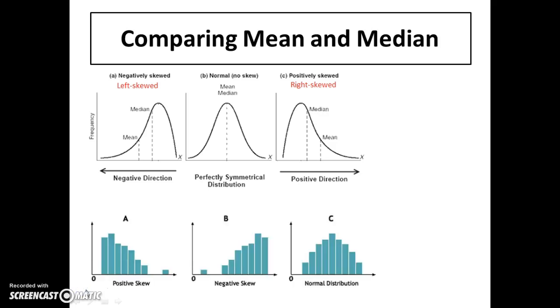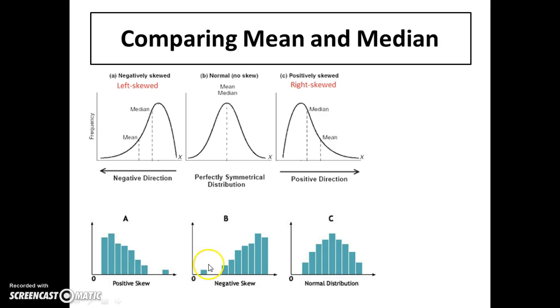Here are some histograms that are also skewed. We sometimes talk about positive and negative skew instead of right and left skew. And if we were asked to calculate or identify roughly where the mean and median are, we can use the same strategy that we used up here. So in this graph that is right skewed, I know my median is going to be somewhere in here, it's the midpoint, and my mean is going to be further out along the tail.